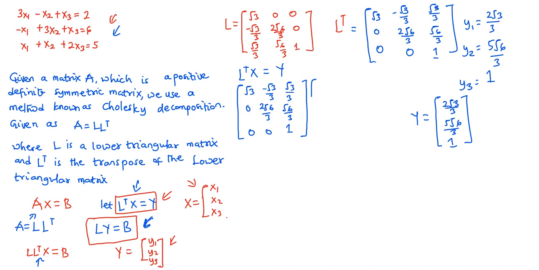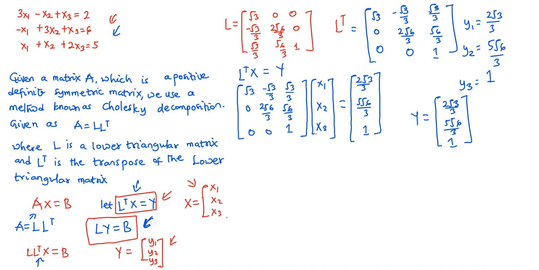This multiplies x, a column vector x1, x2, x3, and this should equal the y that we just found: 2 root 3 on 3, 5 root 6 on 3, and lastly 1. Now let's find the values of x1, x2, and x3 using back substitution.